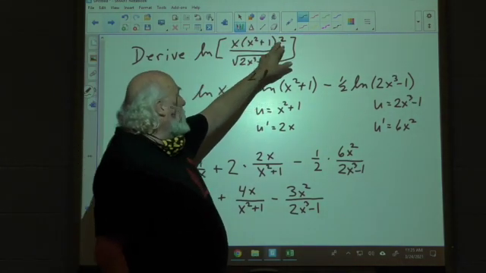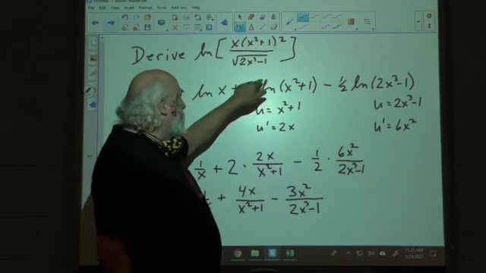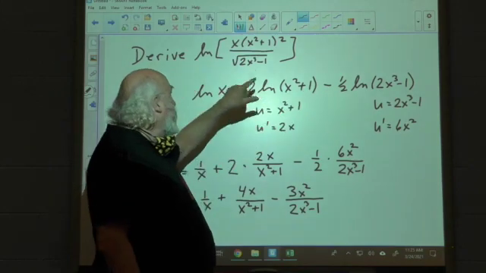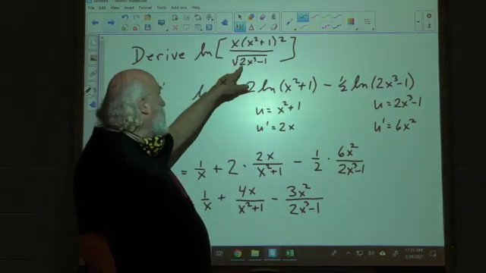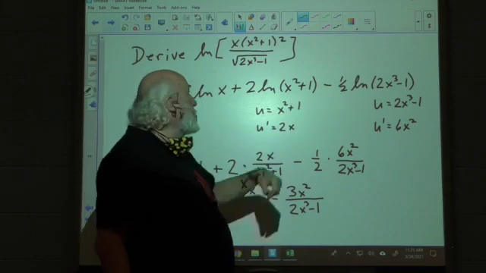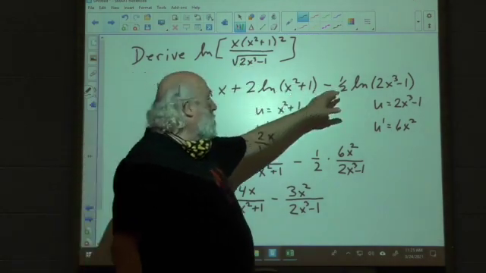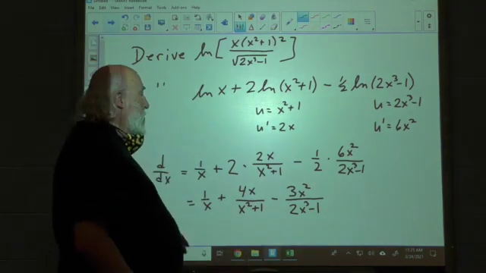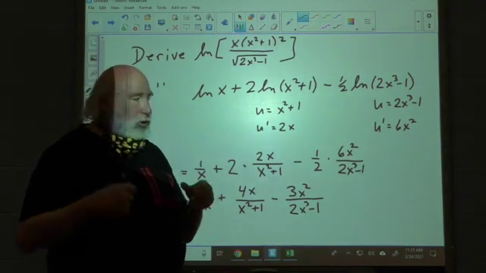And this is 2 times the natural log of x squared plus 1, minus this, which is 2x cubed minus 1 to the 1/2 power, so the square root. So 1/2 goes in front, and the natural log of 2x cubed minus 1. Now, we will have different u's for different sections.